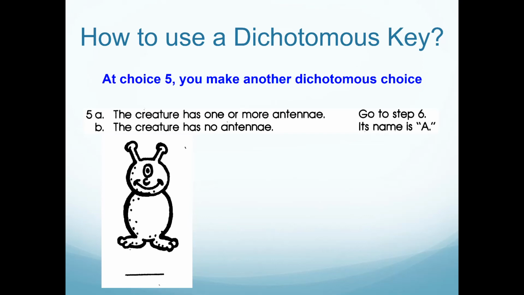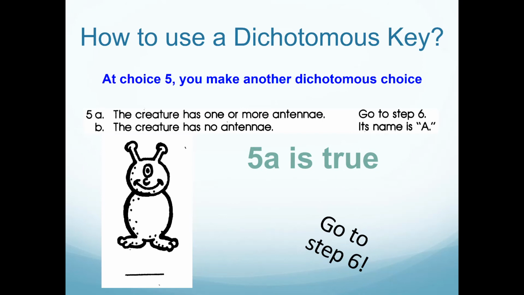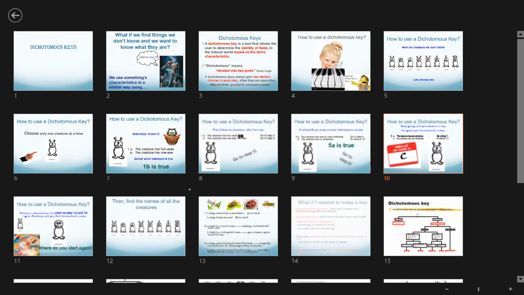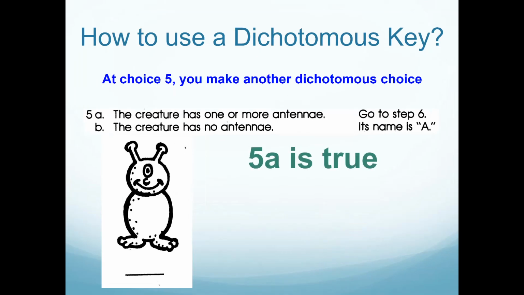So step 5 has 2 sub-steps. Either the creature has 1 or more antennae, or the creature has no antenna. So the creature has 2 antennae. So 5A is what we want, so we're going to go to step 6.